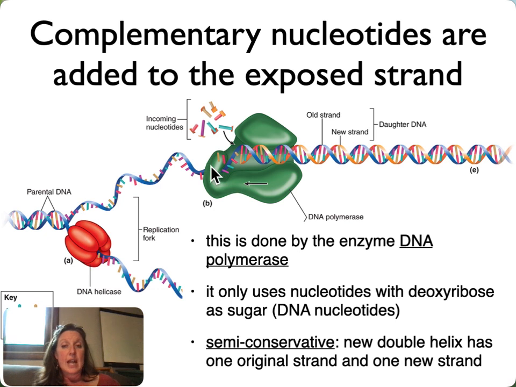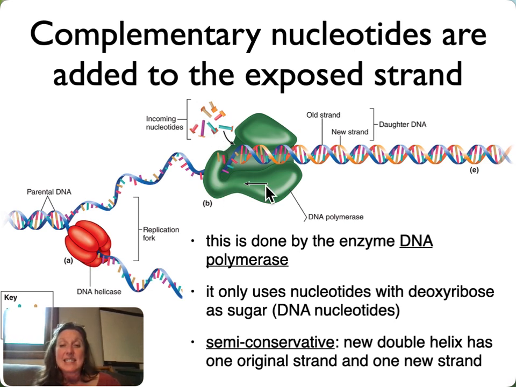After the helicase has exposed the strands, the enzyme DNA polymerase comes in. All right, so this actually tells you what it does. Ase is enzyme. Polymer is multiple monomers put together, and then DNA. So this is an enzyme that makes polymers of DNA. Now, it only uses DNA nucleotides.